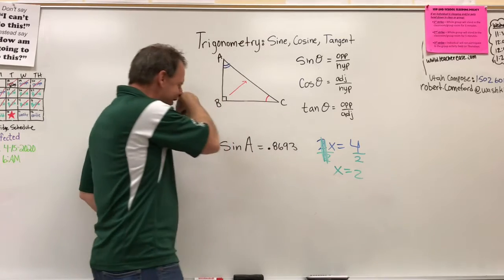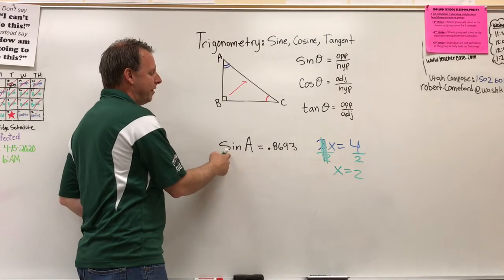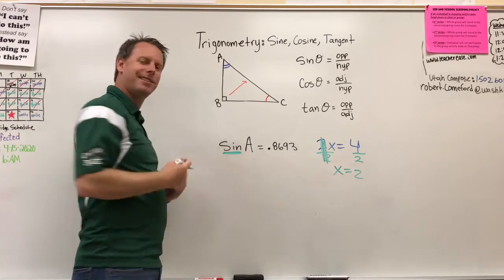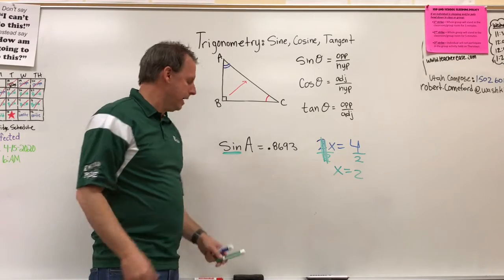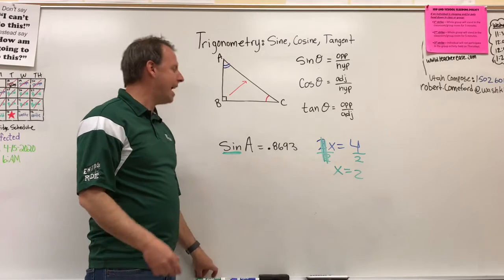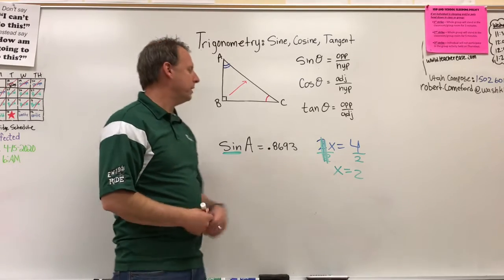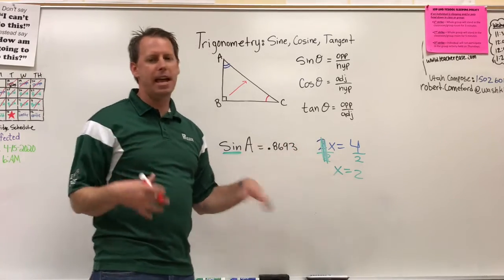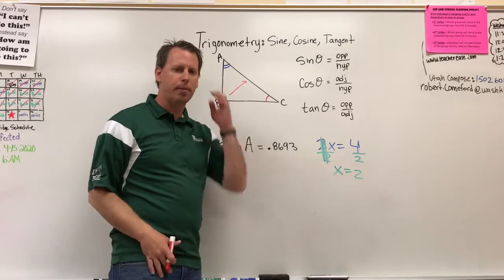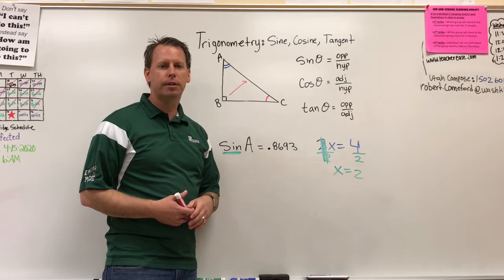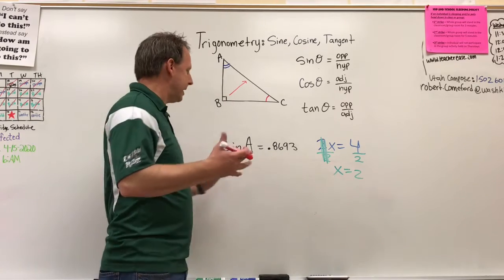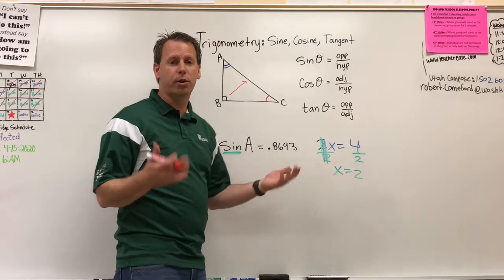So if I'm solving for A, I need to find something that will cancel out the sine. I need an inverse or an opposite operation. And we have one of those. We did not get very creative when we did it. Multiply and divide have different names and sound different, right? They're inverse operations. But what we came up with was just the inverse sine. That's the opposite operation that we're going to use.